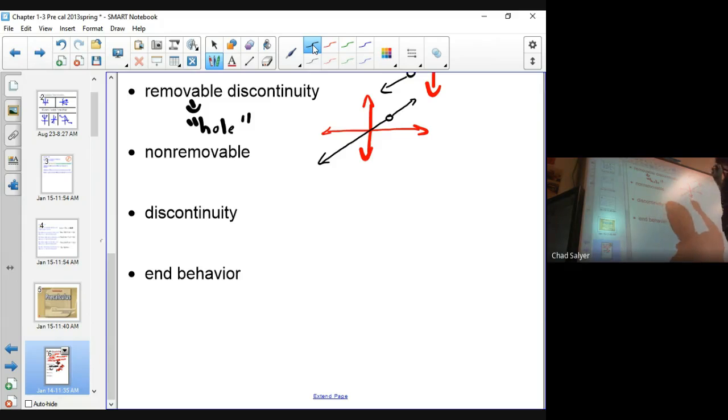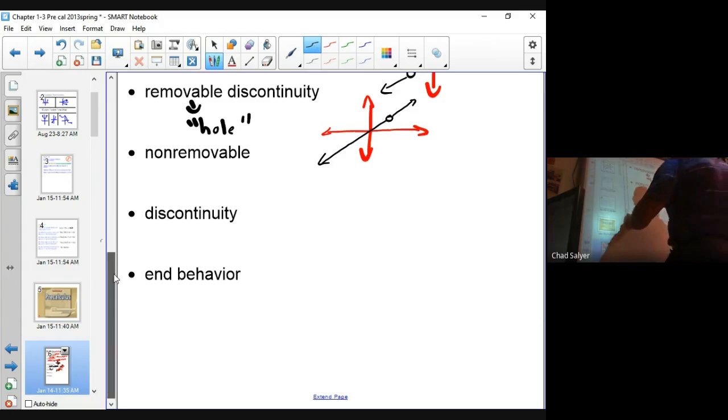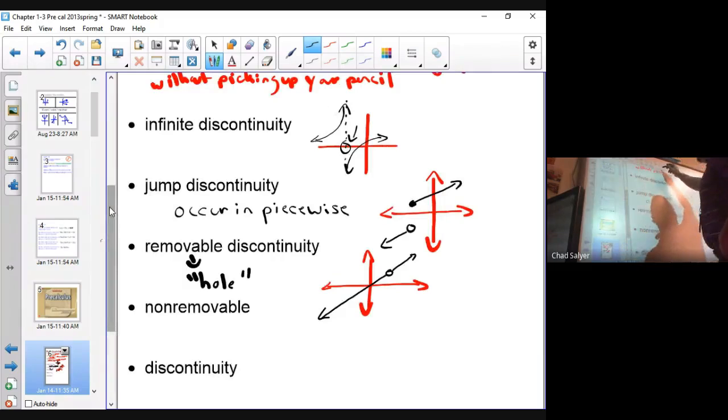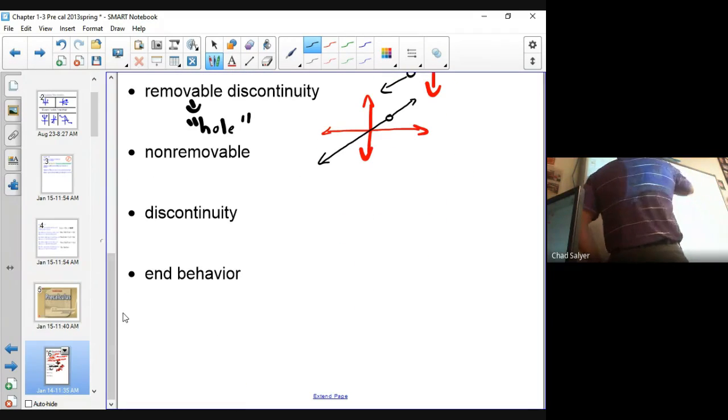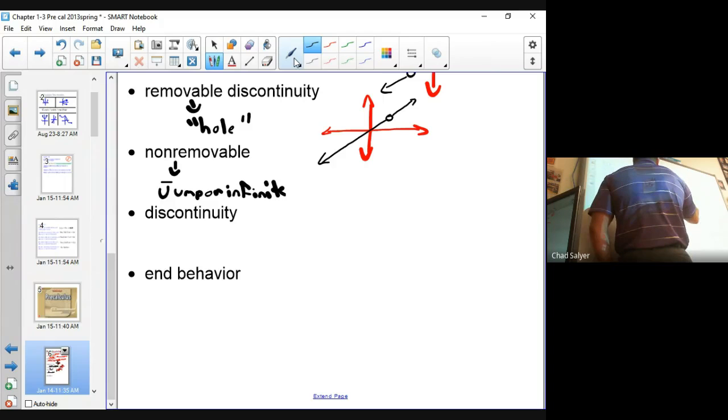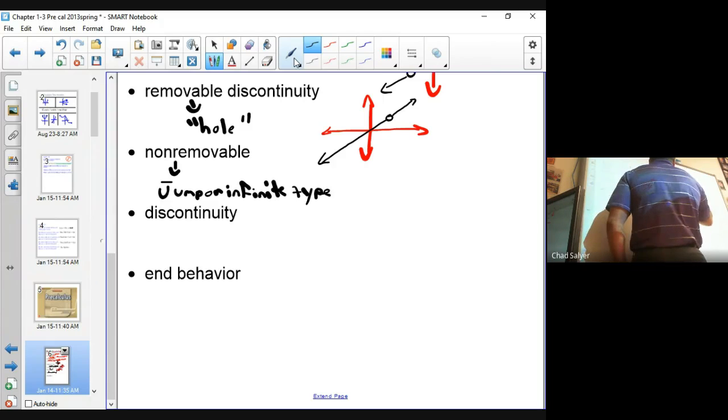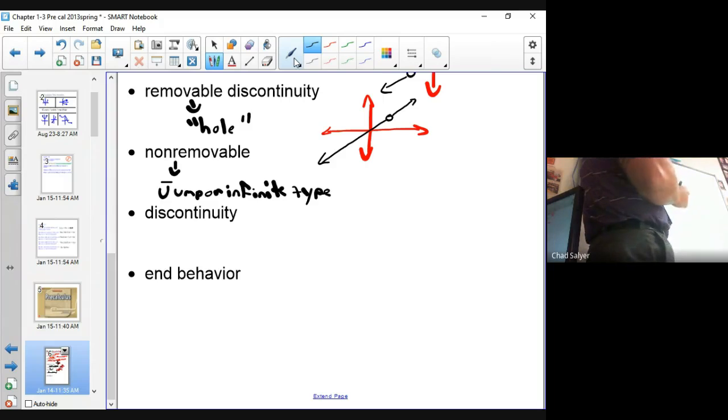And it'll make you think it's a continuous function, but there is a tiny little hole type or removable discontinuity. So non-removable describes the other two types. So the jump type and the infinite type are considered non-removable discontinuities.